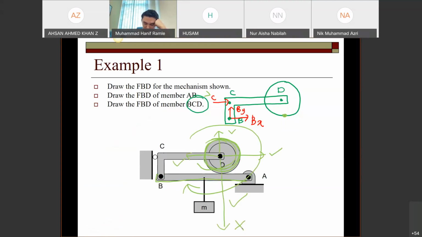If it cannot, meaning that we do have a reaction there. This is the way on how to draw the FBD with the reaction. No need to memorize, but you have to understand.